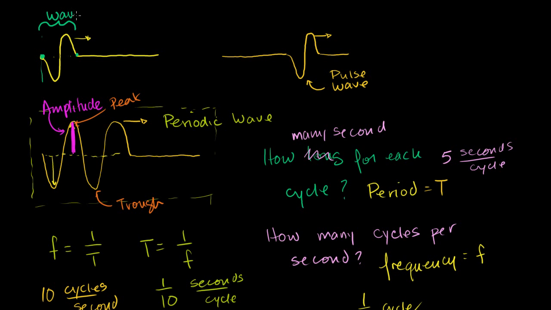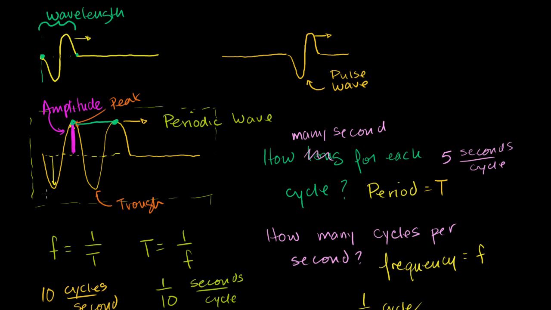That is a wavelength. And there are a lot of different ways you can define a wavelength. You could view a wavelength as how far the initial pulse went after completing exactly one cycle. Or you could view it as the distance from one peak to another peak. That is also going to be the wavelength.